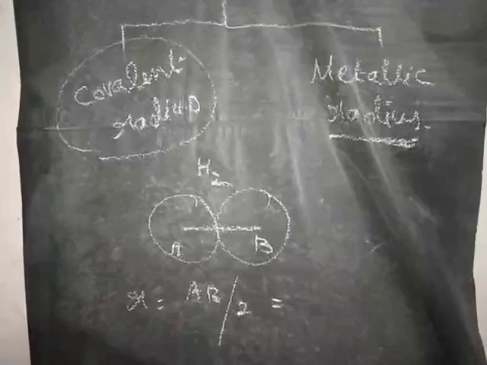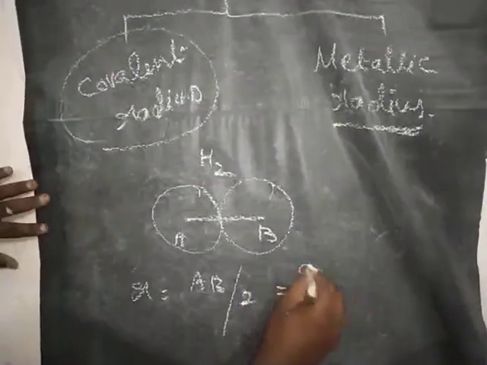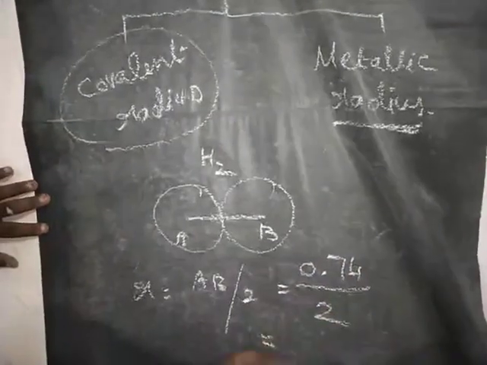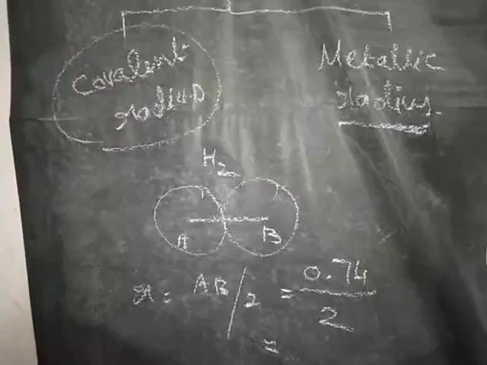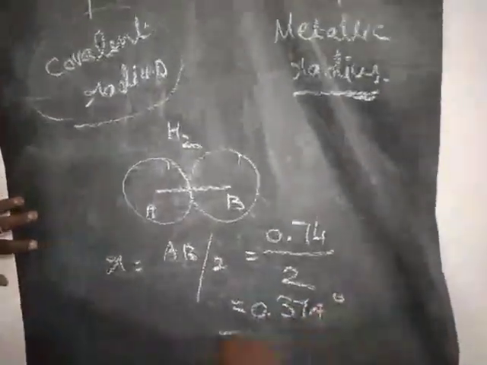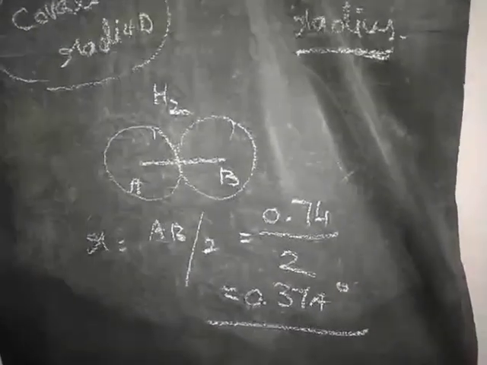The textbook itself gives the value: AB is equal to 0.74, divided by 2. What is the answer? 0.37 Angstrom.